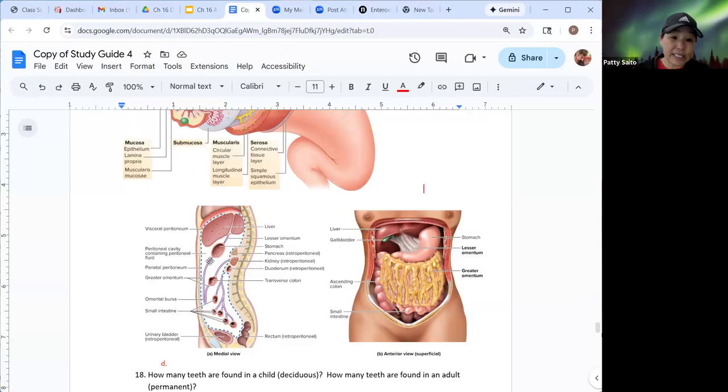So here's the stomach, and then the greater omentum hangs off of here, and here's the transverse colon back there. All right. Here's the mesentery here around the small intestines. Here's that greater omentum as it hangs down off the stomach, creating a skirt-like structure. And then the lesser omentum here is between the liver and the stomach. All right.